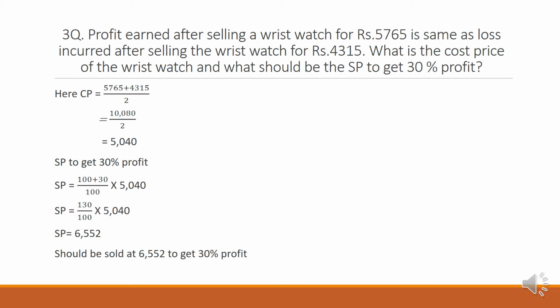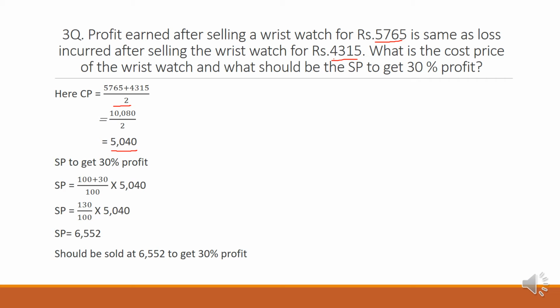So here the profit after selling it at 5,765 and loss after selling it at 4,315 are equal. So to get the cost price, we have to add both these and divide by 2. So cost price is 5,765 plus 4,315 divided by 2, which is equals to 5,040. So here cost price is 5,040.